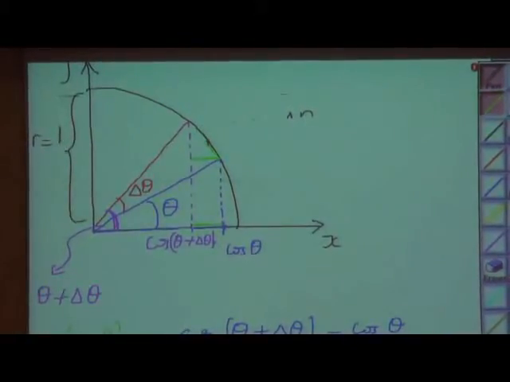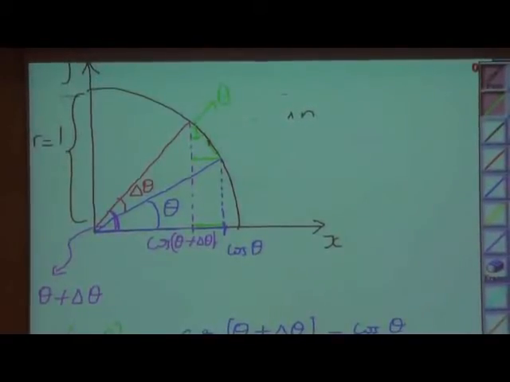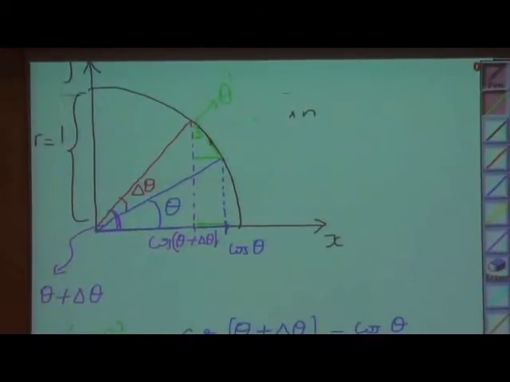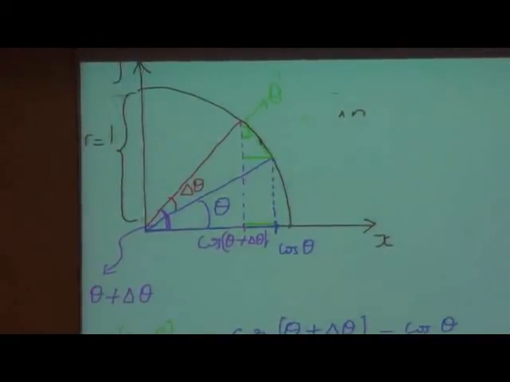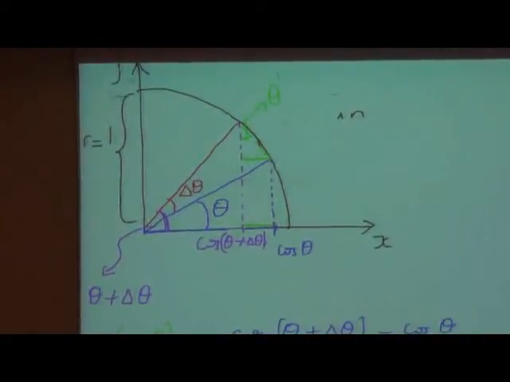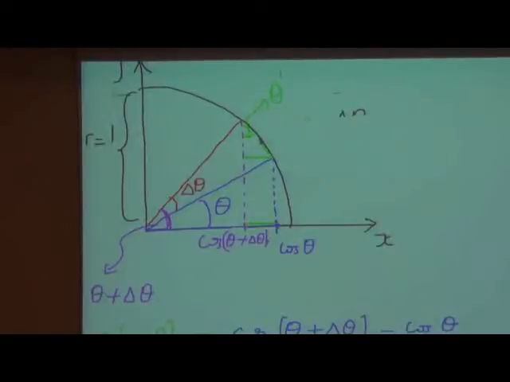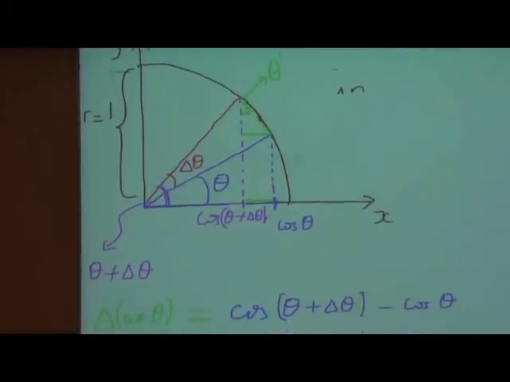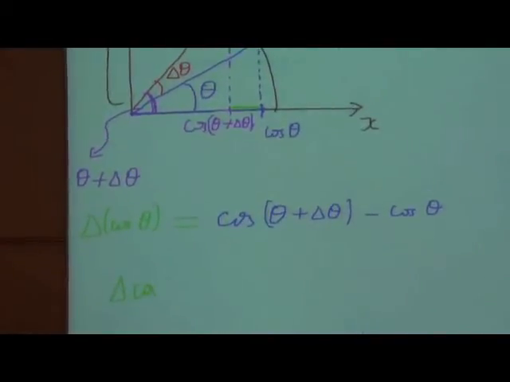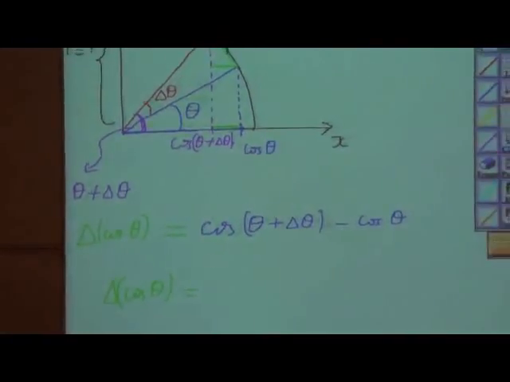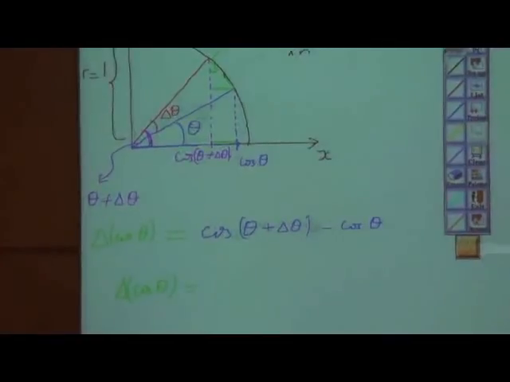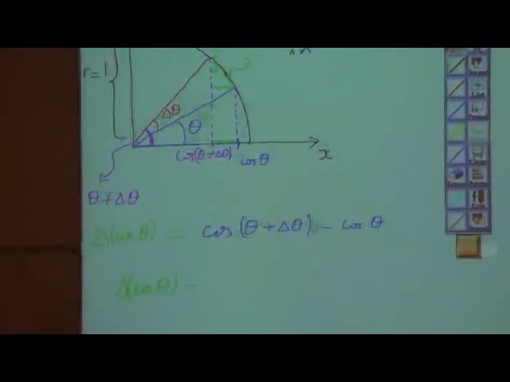If the angle is small, straight line almost equals the circle piece, and that piece is just the radius times the angle in radians. The radius is 1, so this length is delta theta. Maybe it is 0.0125 radians. You can read it off with your tape meter. Yes? Okay. Now I have this angle here.